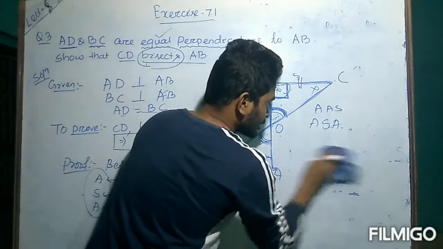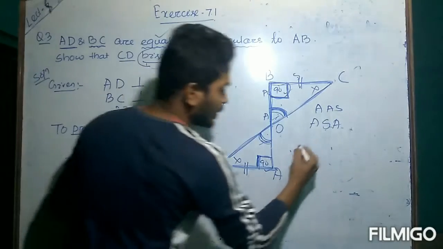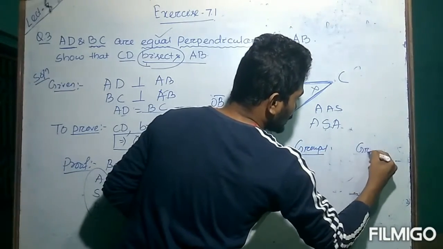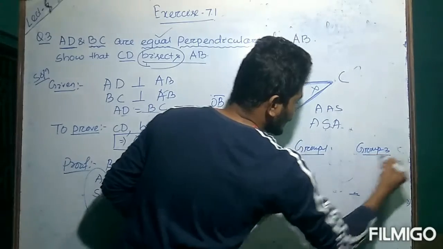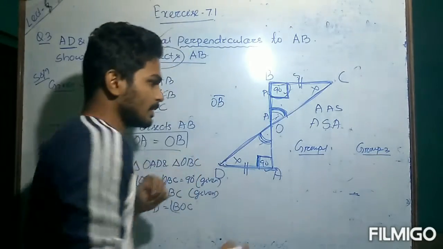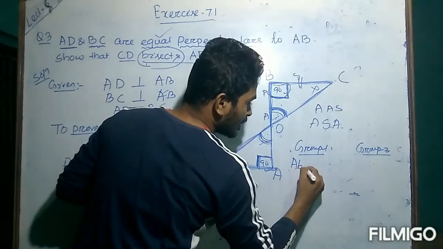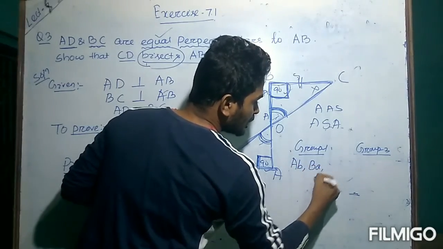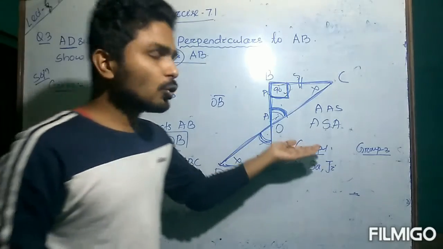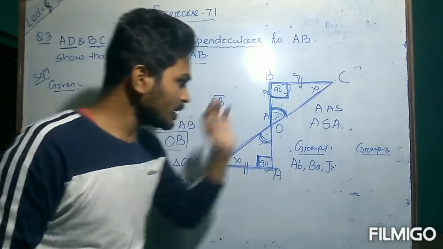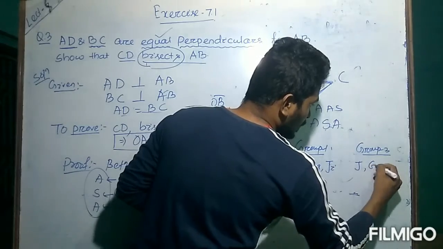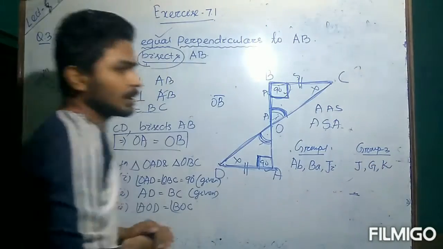Suppose there are two groups, group 1 and group 2. In group 1, there are 3 students, Abhay, Balram and Jitendra. And in group 2 there are 3 students, Jyoti, Gautami and Kishori.